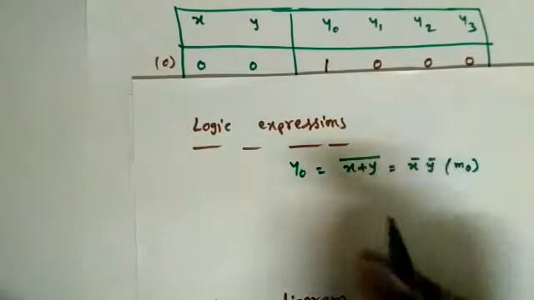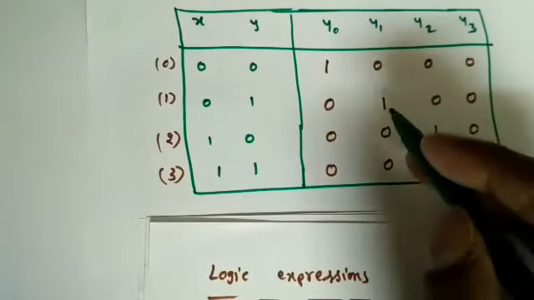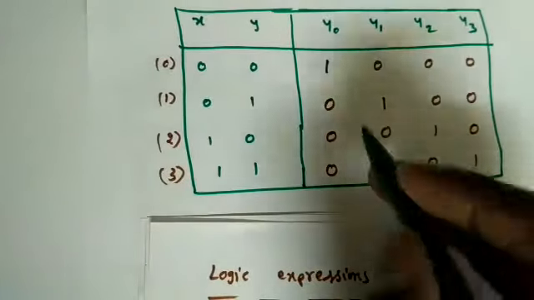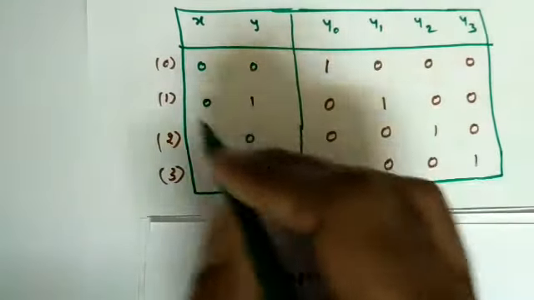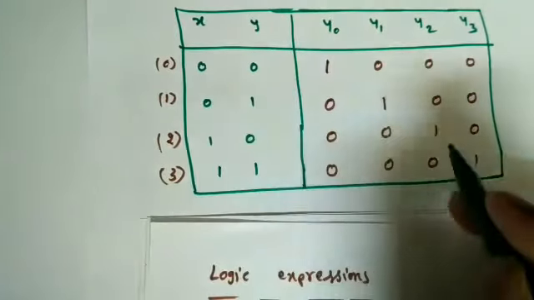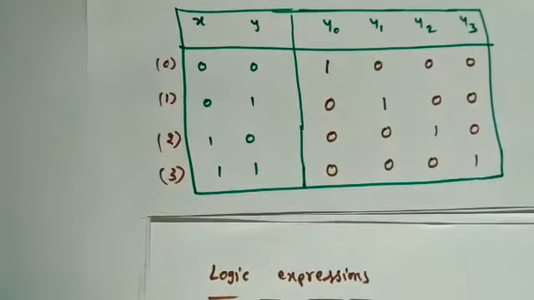This is a minterm. For the remaining functions, only one value is set across the input combinations, so I can write simply the corresponding minterm. For this one, x bar y; for this one, x y bar; the last one, simply xy.